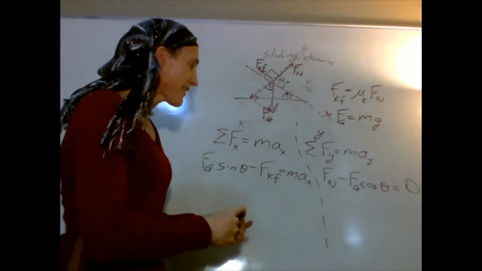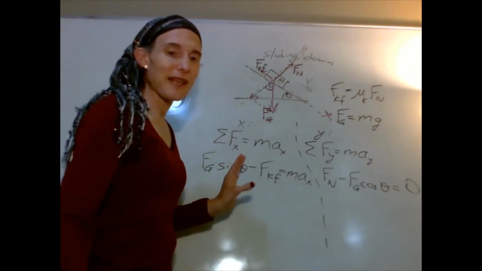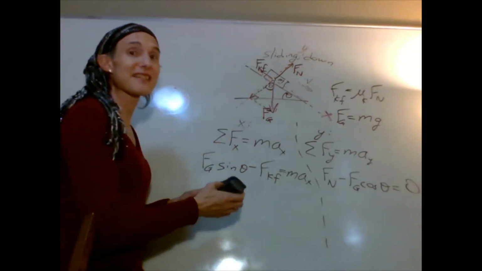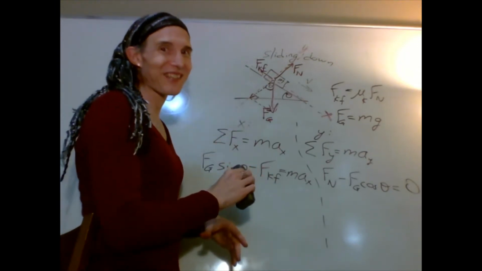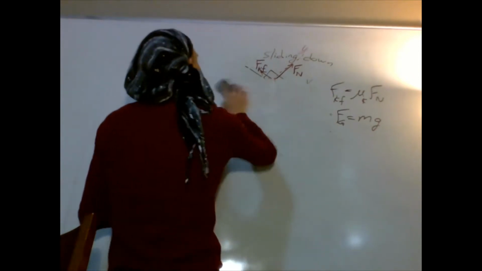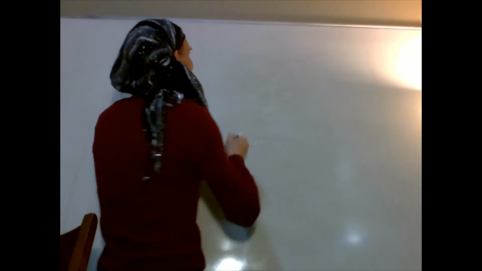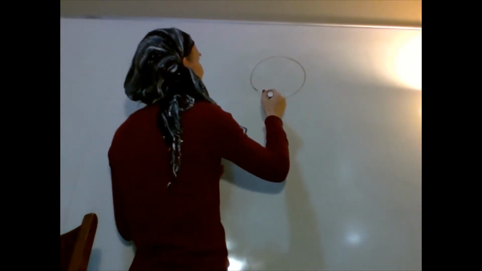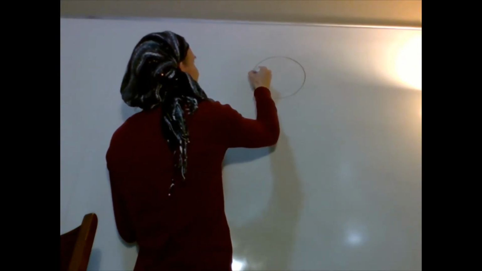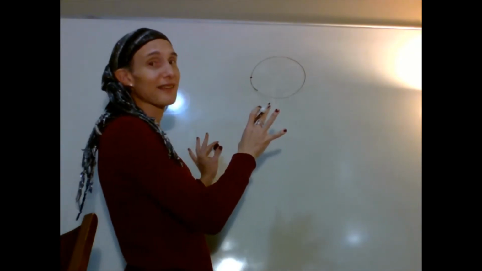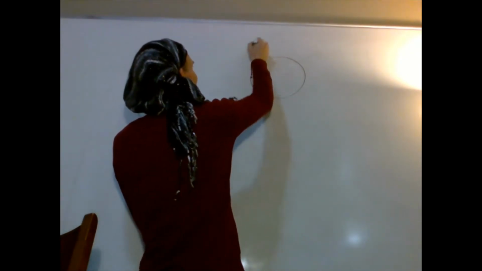Right, so that's the basic idea. Let me mention one other thing regarding circular motion, uniform circular motion, where you have a constant speed, not constant velocity. I think you know that by now. So if you have motion in a circle, then you know that the law of inertia says if your object had no forces acting on it, then it would tend to move in a straight line at constant speed.